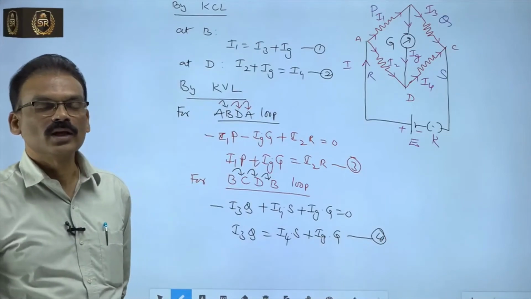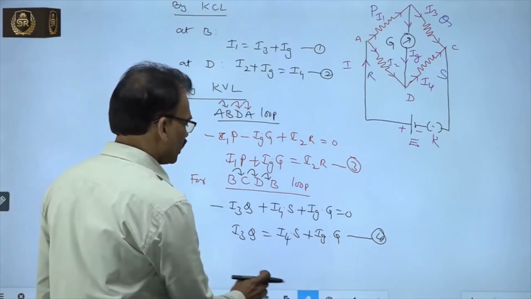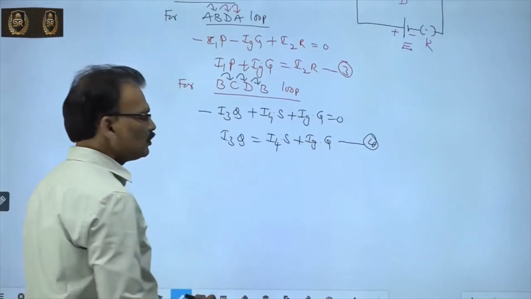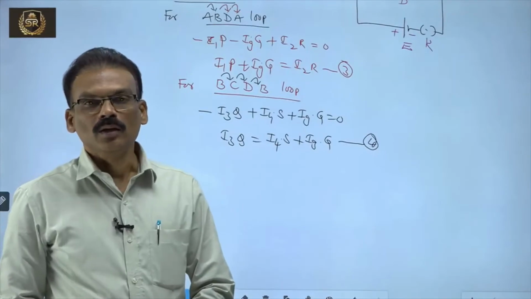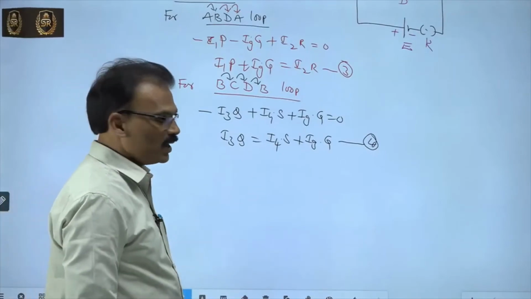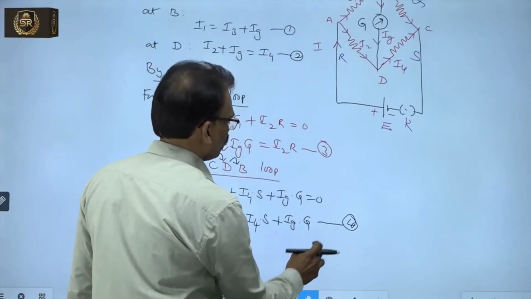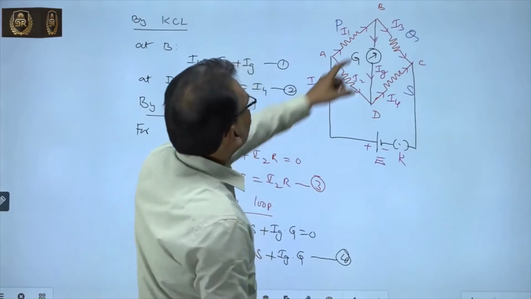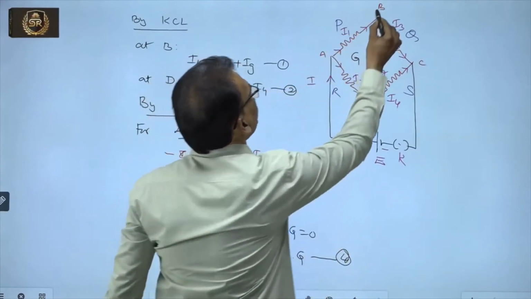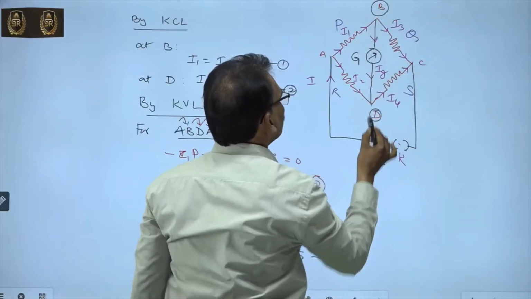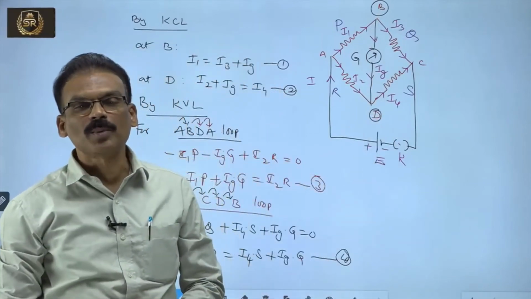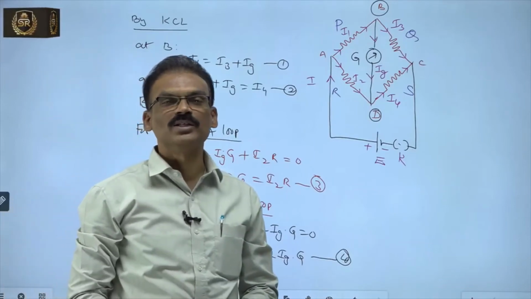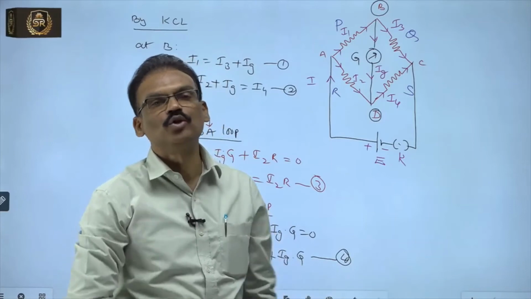Now the important condition is that if the potentials at B and D are equal, where the galvanometer is connected at this point B and this point D, then, since current generally flows from high potential to low potential, nothing flows. I think you have the idea about the seesaw. For the balancing of the seesaw, the weight at both ends should be equal.